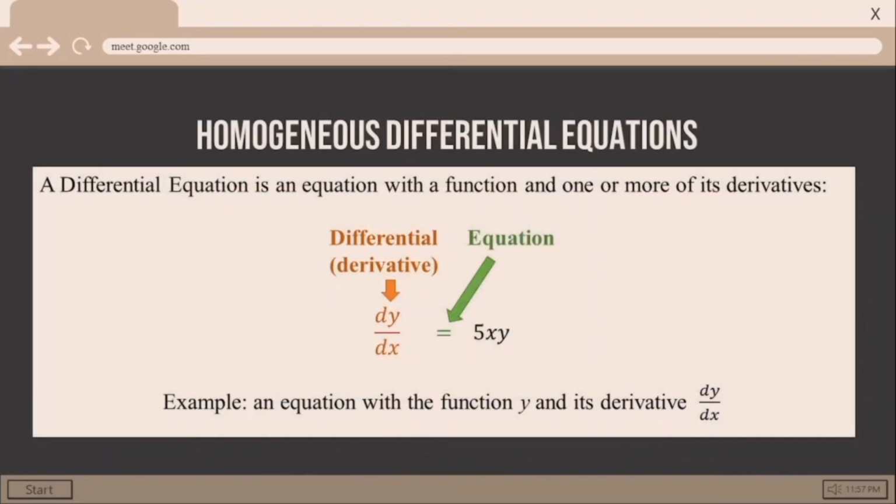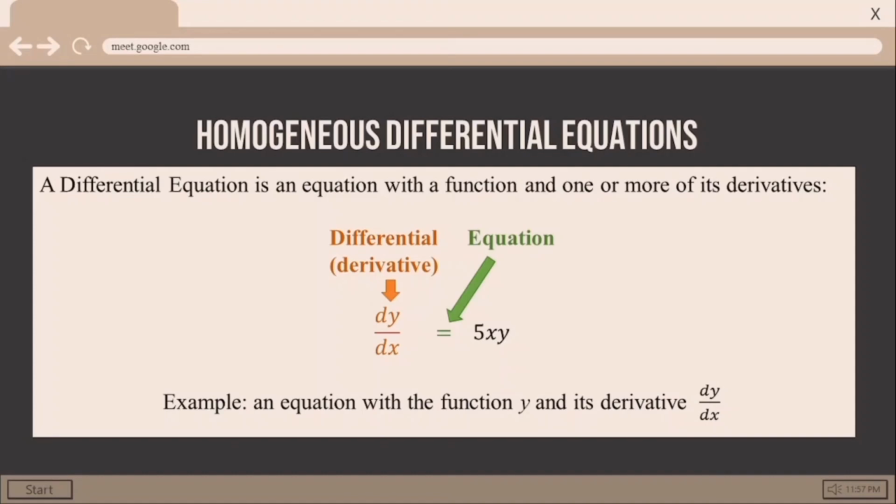So a differential equation is an equation with a function and one or more of its derivatives. We have here an example, an equation with the function y and its derivative dy over dx. So this is what a differential equation looks like.